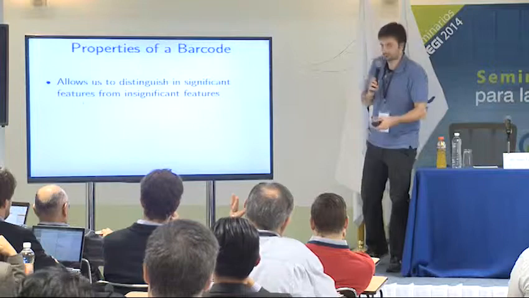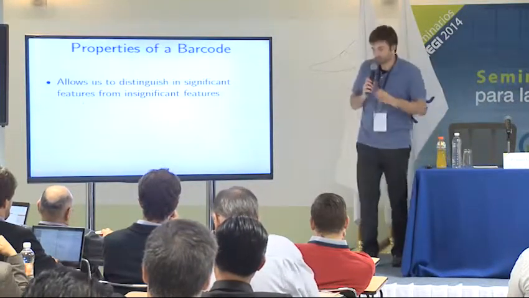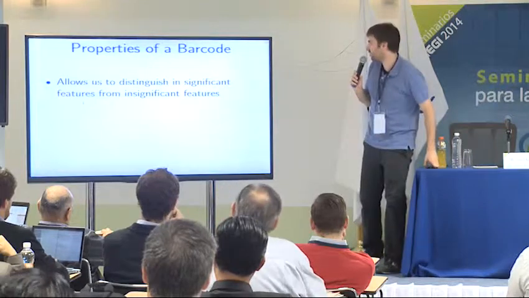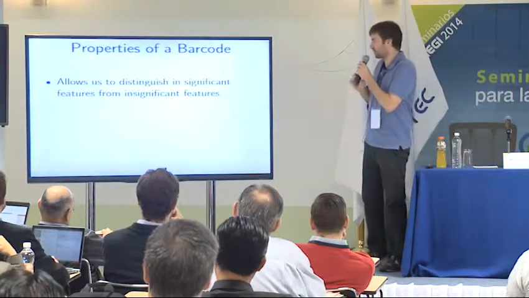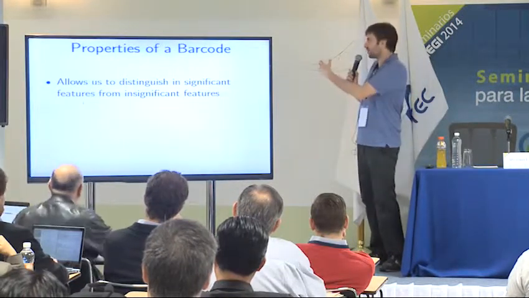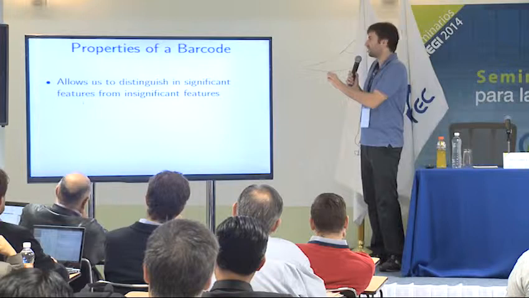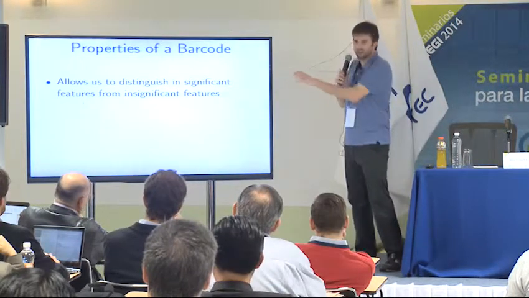Now, I'm going to wrap up here in a second, but a couple more things to say. First, I want to mention a few nice properties of these. As maybe you've seen already, these barcodes allow us to distinguish insignificant features from significant features in the data.